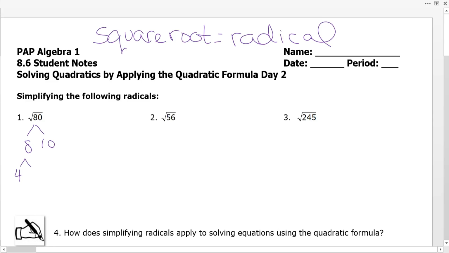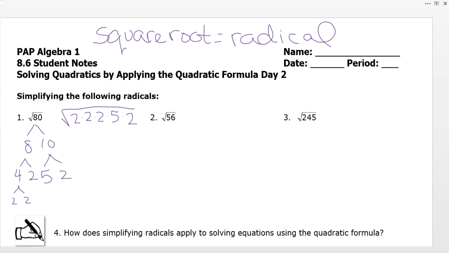So I have 4 and 2 and 5 and 2, and 4 changes to 2 and 2. So if I wanted to, I could use the square root of 2 times 2 times 2 times 5 times 2. And that's the same thing as 80. So if you think about what a square root is, you're taking a number that's squared and you're finding the square root.